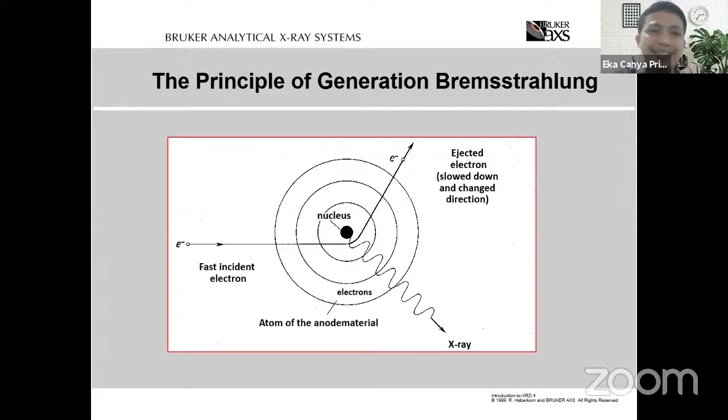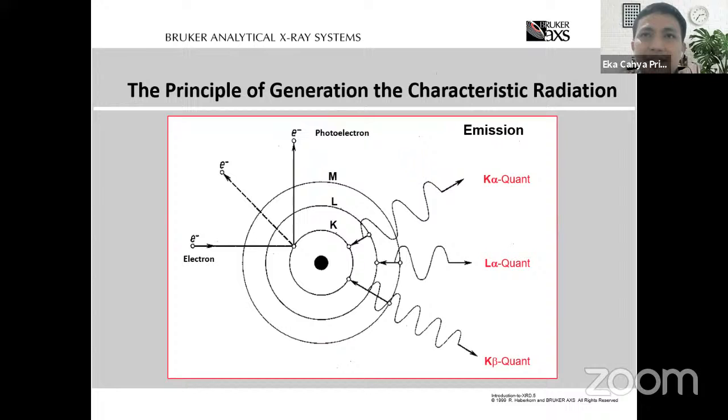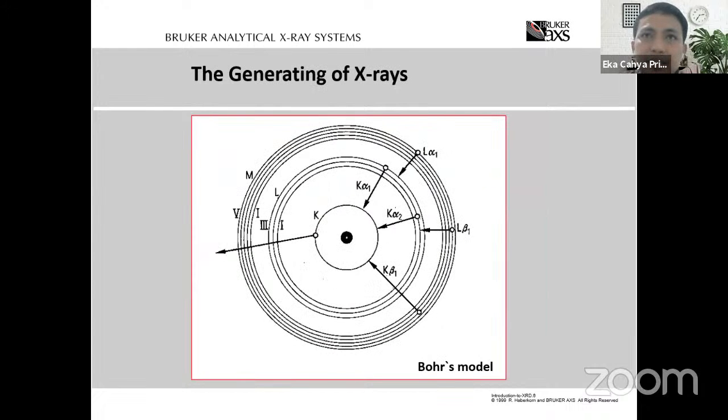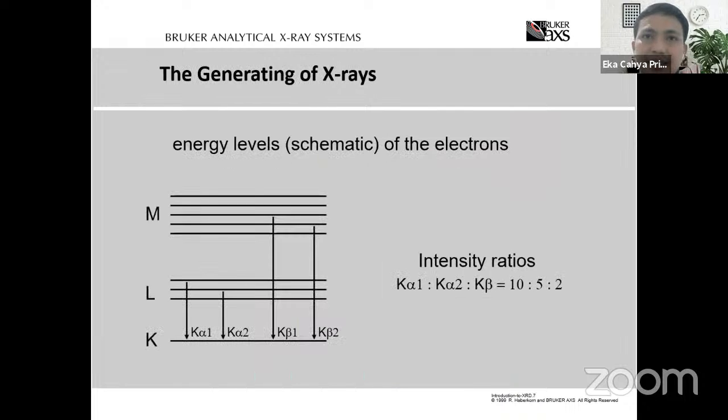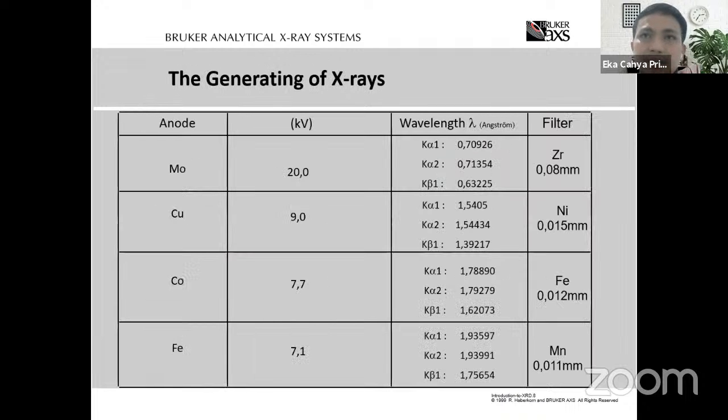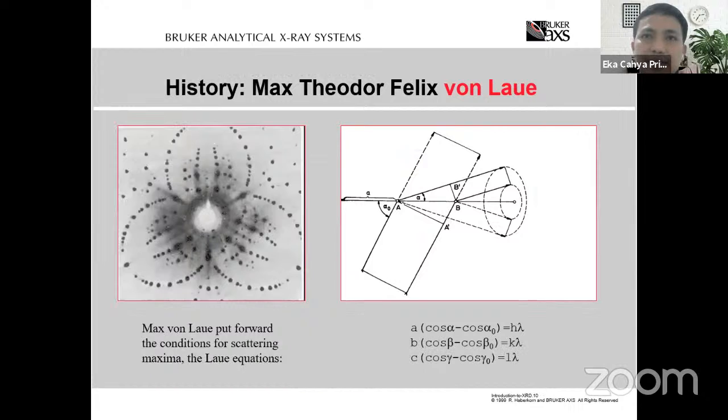So it releases energy, right? This is the way to produce X-ray energy. Here we generate electrons, and the result is X-ray energy.